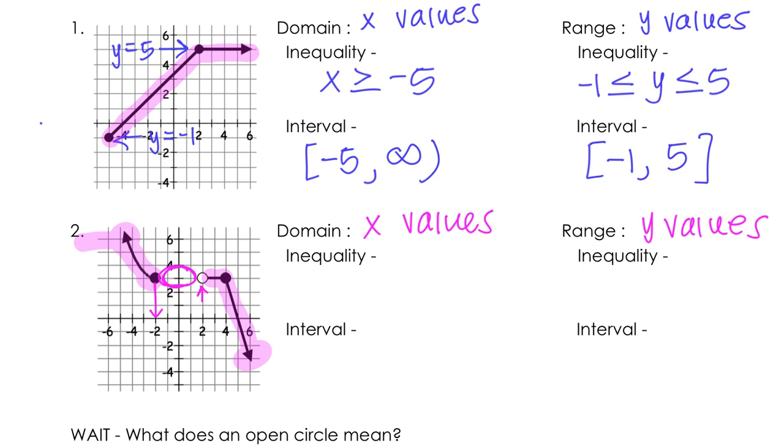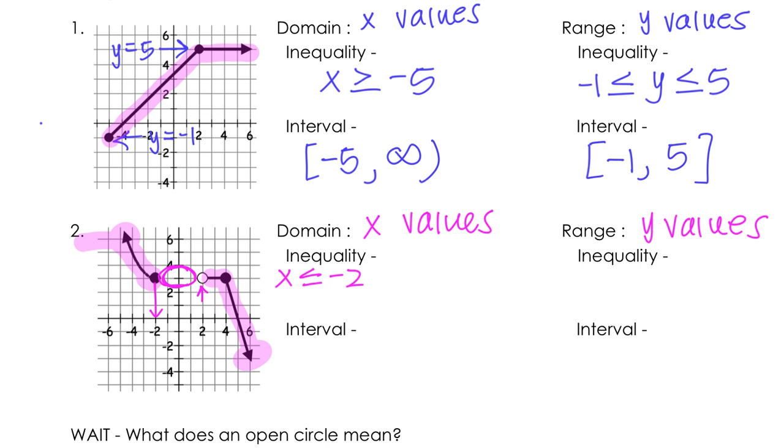So with this one, we actually can't even write one inequality because in the middle of our graph, there's a big hole, big break. So we have to write it in two pieces. So we have our x values that are less than or equal to -2. Would you agree?